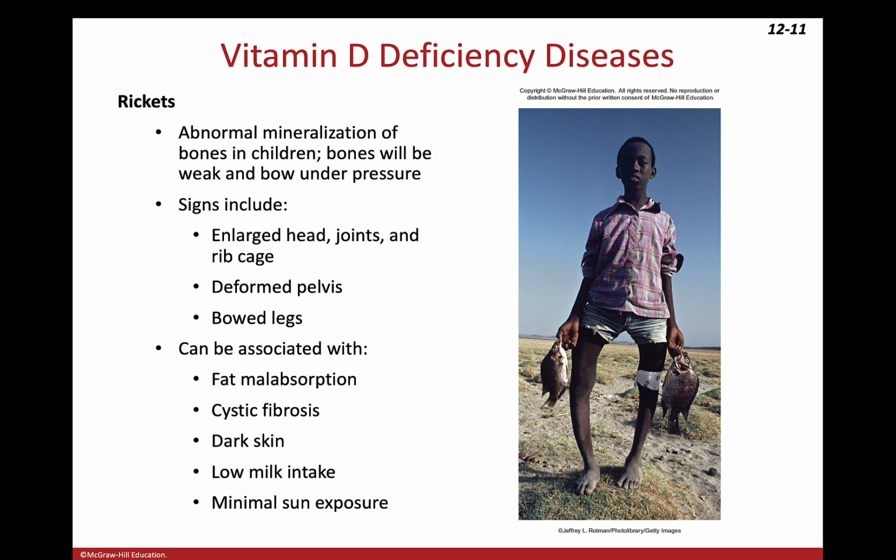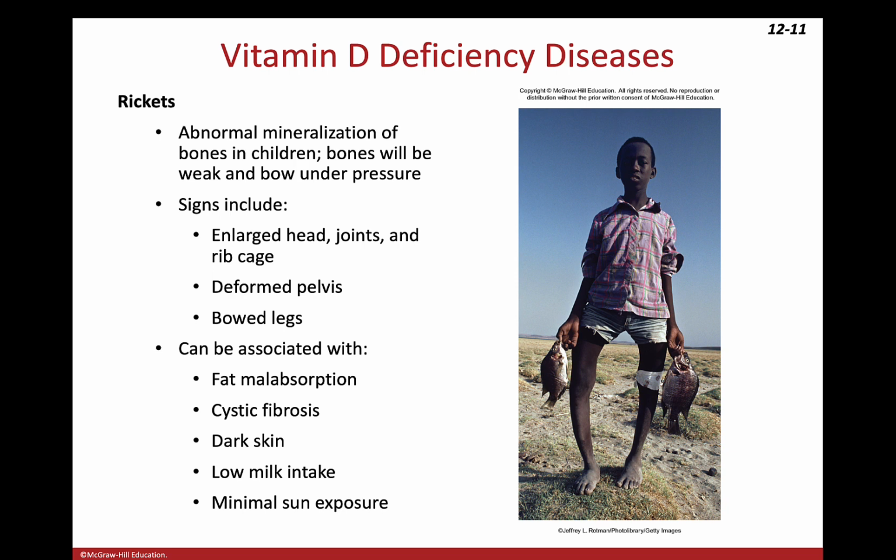Now, when we look at diseases that are associated with a vitamin D deficiency, you may have actually heard about rickets. Rickets is the abnormal mineralization of bones in children, and bones will actually become weak under pressure and have a bowing appearance. Signs may include enlarged head, joints, and rib cage, deformed pelvis, and bowed legs.